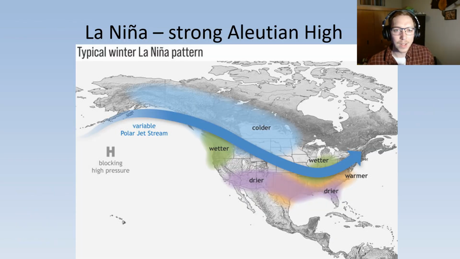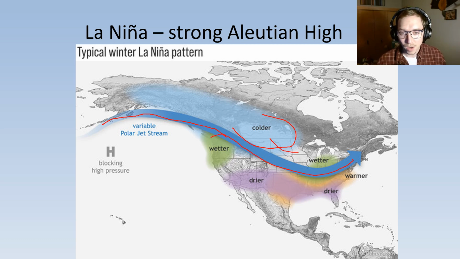So if we look at a La Nina during a strong Aleutian high, our jet stream can be a lot more variable. During the winter, this polar jet stream can dip and meander much further to the south, bringing this massive movement of cold air down towards us.